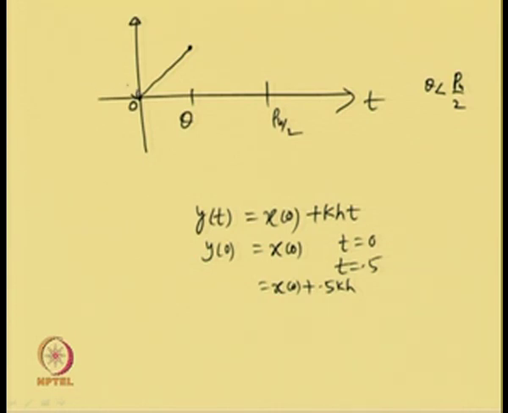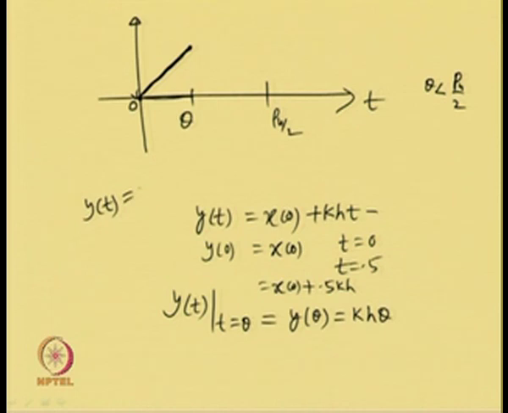So, the type of plot I will get for the time range from 0 to theta is a straight line of this form, and this peak amplitude will be y(theta) equal to k h theta, because x(0) is equal to 0, since earlier we have assumed y(t) is equal to x(t), therefore y(0) will be equal to x(0) will be equal to 0.